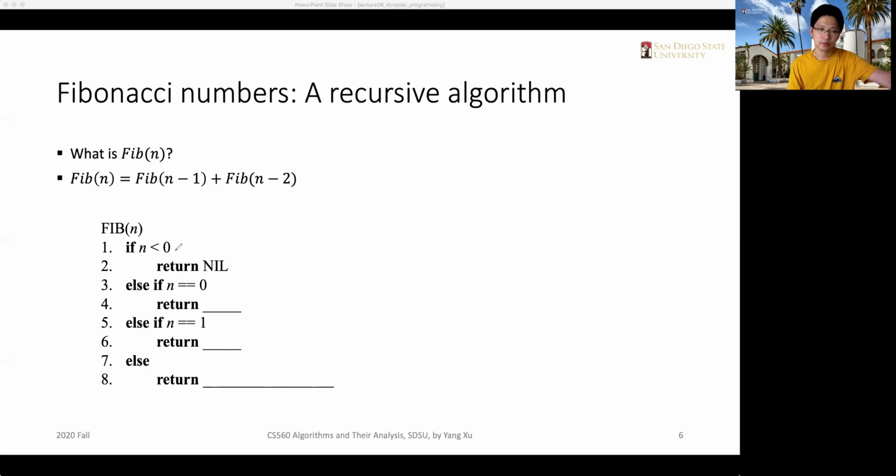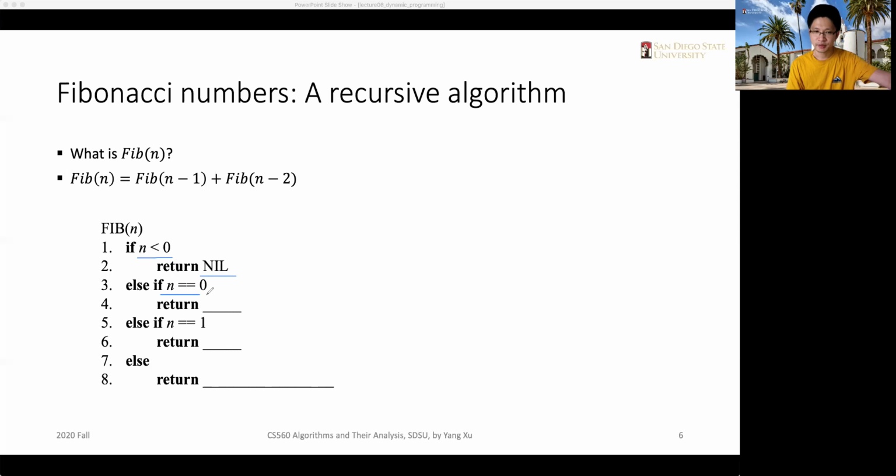So, for example, because this is a set of if-else condition statements, we basically need to check the inputs. If the input is a negative number, then it's not a valid input, right?